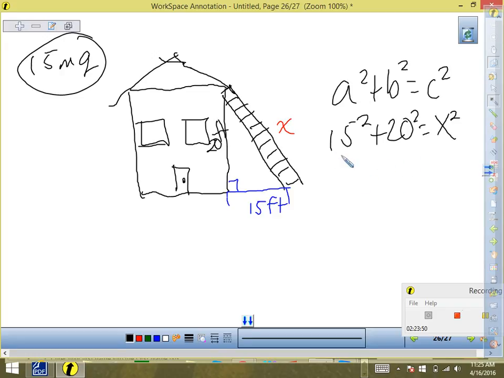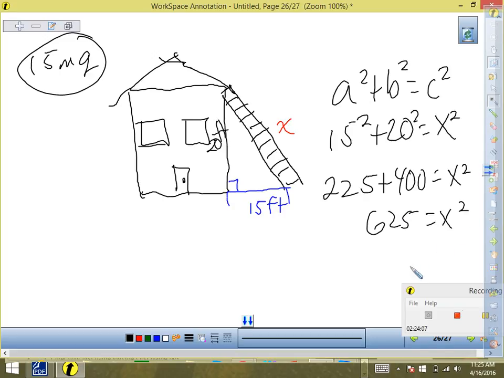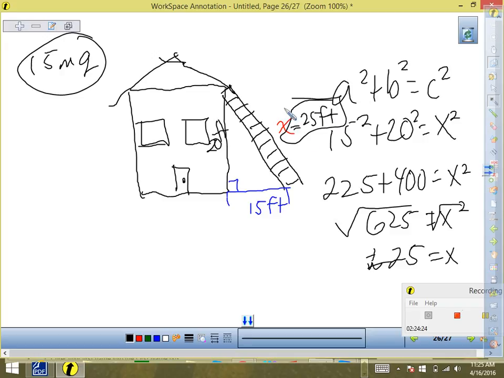Next, 15 squared is how much? 225 plus 400 equals x squared. This is 625 equals x squared. Square root. Who has that? 25 plus minus equals x. We don't use a negative, so how long does the ladder need to be? 25 feet. Yeah? Okay.